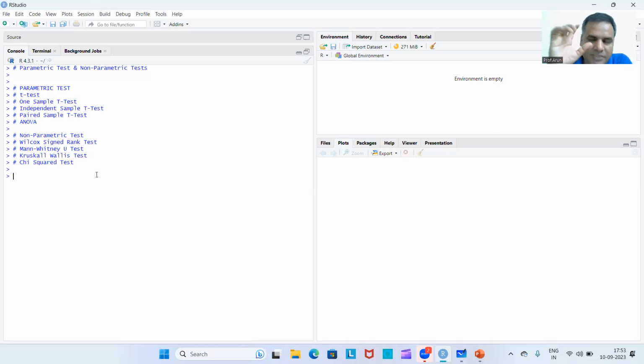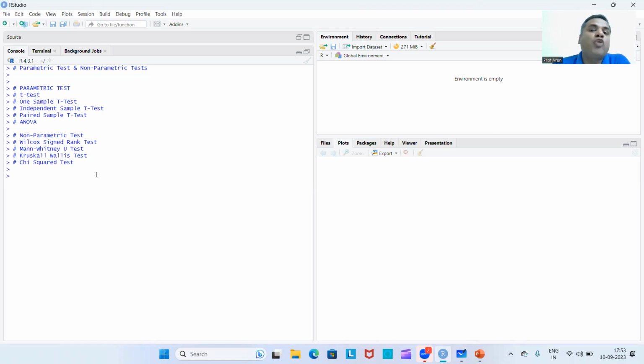Now, please understand the difference between parametric test and non-parametric test. When I say parametric tests, these are tests which are very robust, very stringent, and come with certain riders. It means if assumptions are satisfied, then only you can go for parametric test.